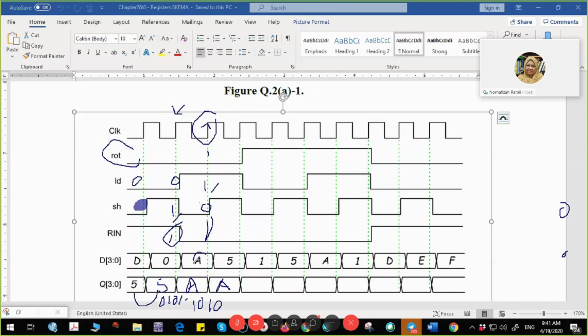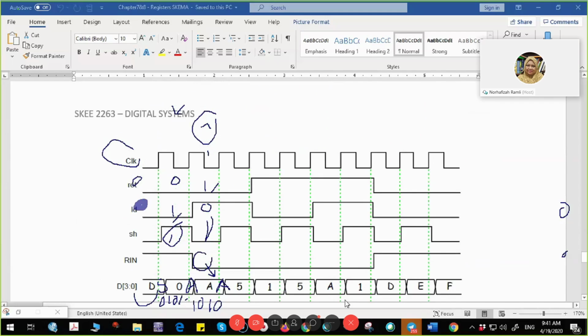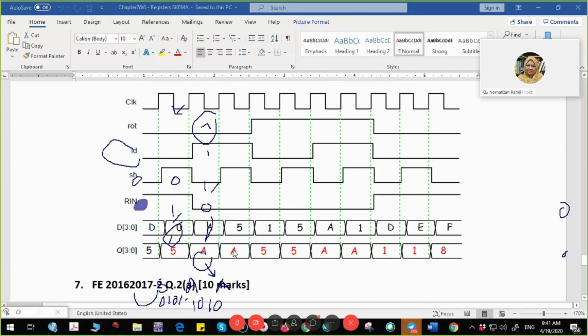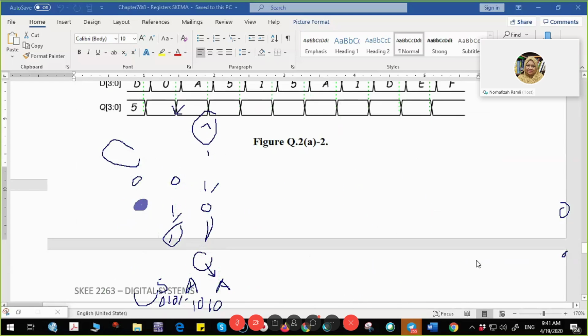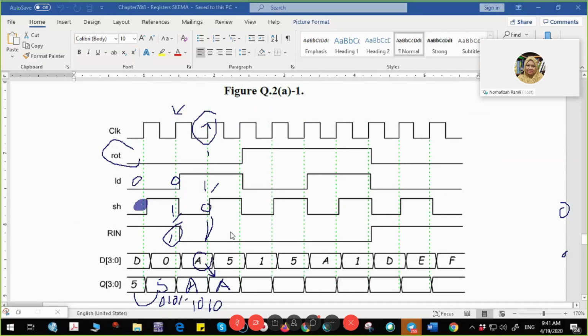So the A here will come here. This one is due to shift, and this one is due to this A load. This A, and then this A. Next, what do you get? Go with me.